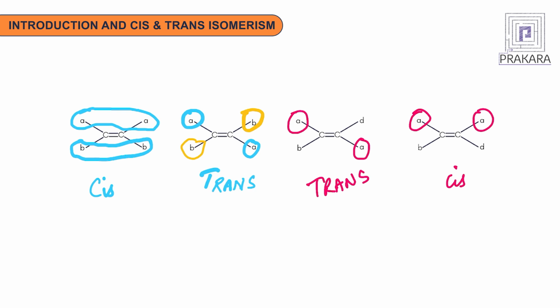If there is the same hydrogen or one group, by taking that single group, we can designate cis and trans based on whether that single group is present on the same side or on the opposite side. Okay, so we can use it even for three groups.